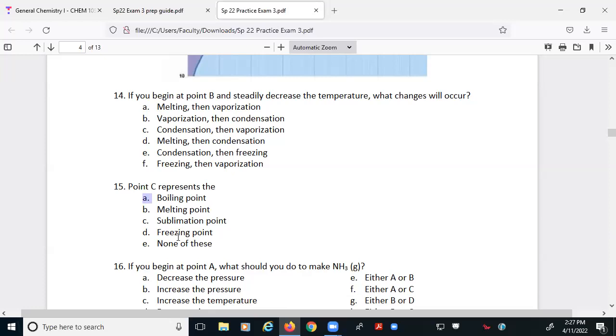Since it is at the critical juncture, you could also make a pretty strong argument that it is none of those because it is in fact the critical point, and at that temperature and pressure condition, we don't see the difference between the two anymore. So on this exam, I accepted both answers.